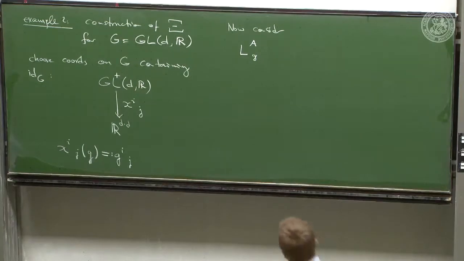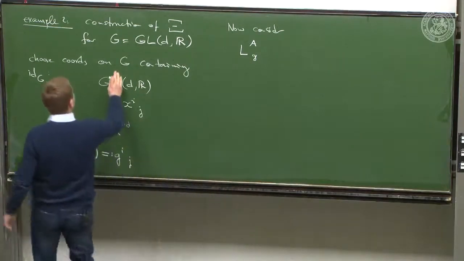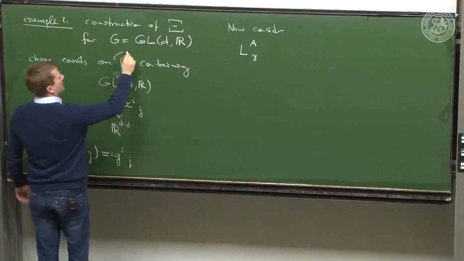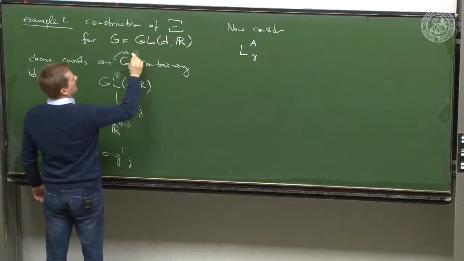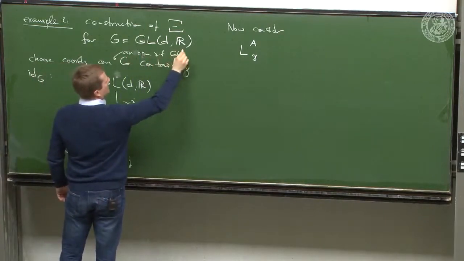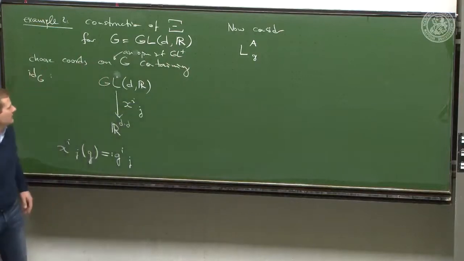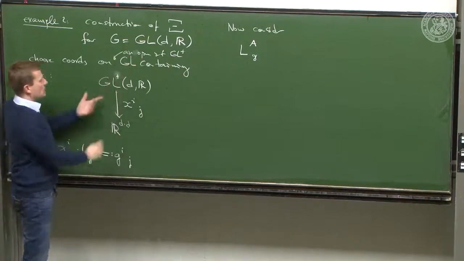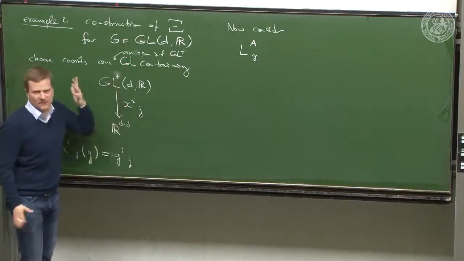That was just supposed to be that part of G. Choose coordinates on an open set, a chart domain in GL containing the identity.